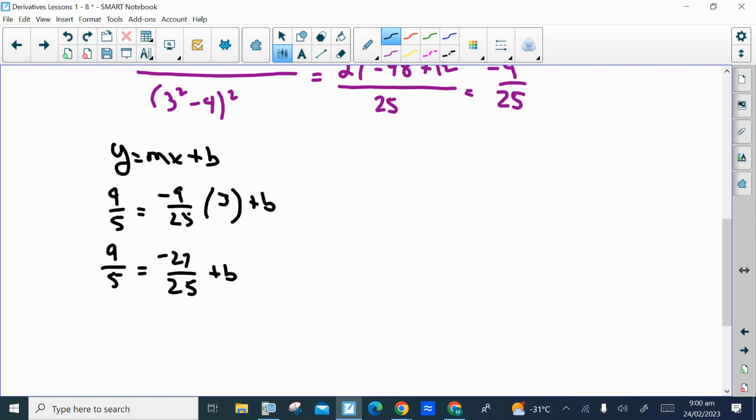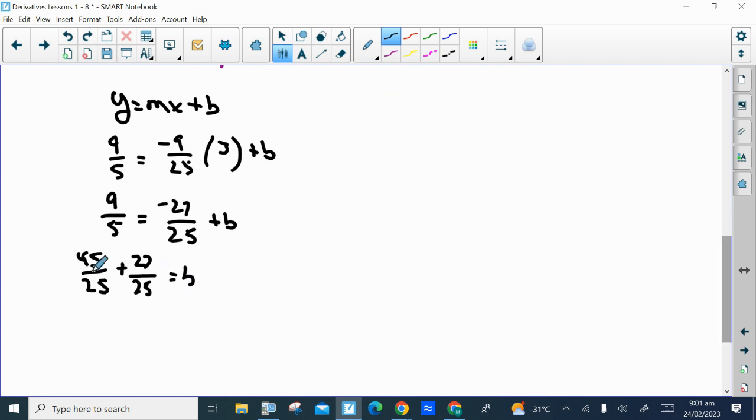If we add the 27 over 25 to both sides, we would need to write 9/5 with a denominator of 25. And we get that by multiplying bottom and top by 5. So it'll be 45 over 25 plus 27 over 25. So that's 72 over 25.